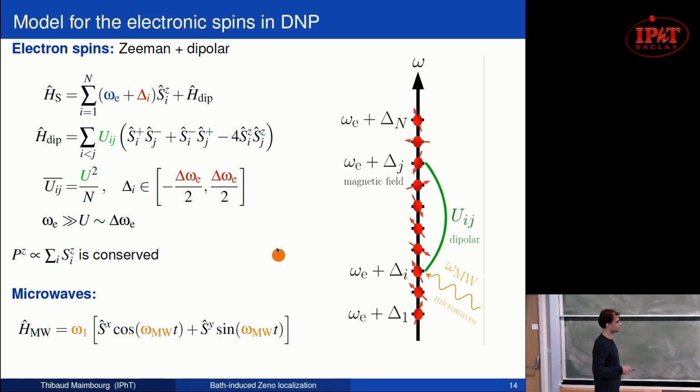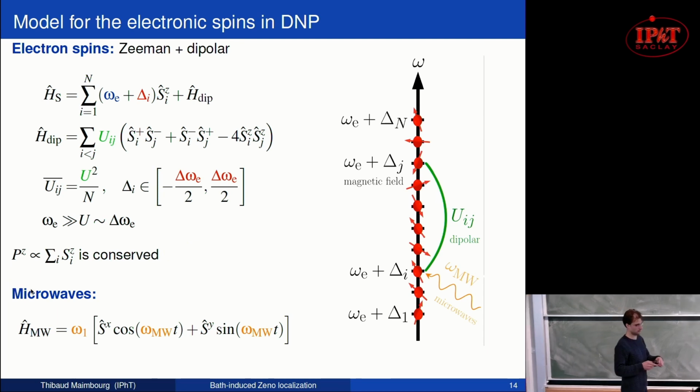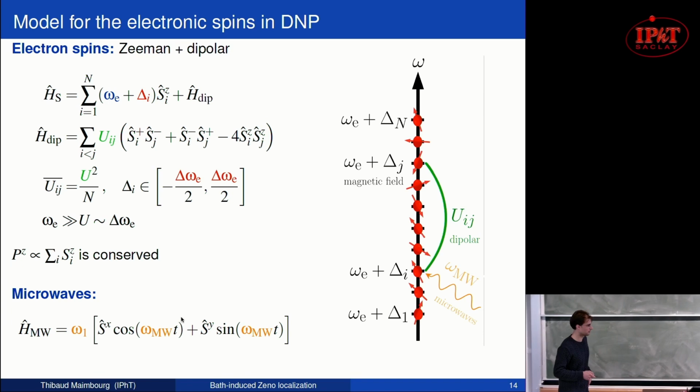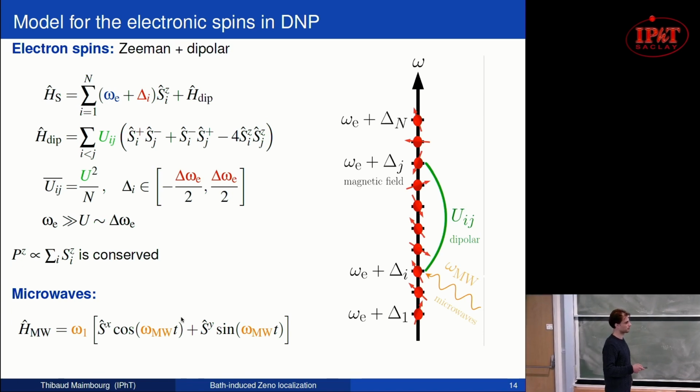The microwave is just standard. It's a microwave field that is rotating in the xy plane, with some amplitude omega_1, which is the smallest energy scale in the problem, and some typical frequency omega_microwave. Typically it will resonate with some spins here, for example.